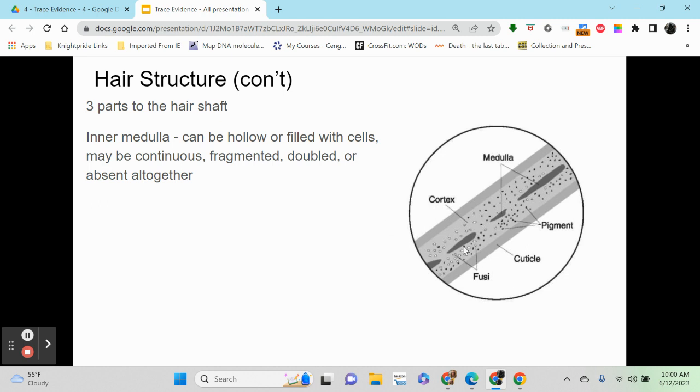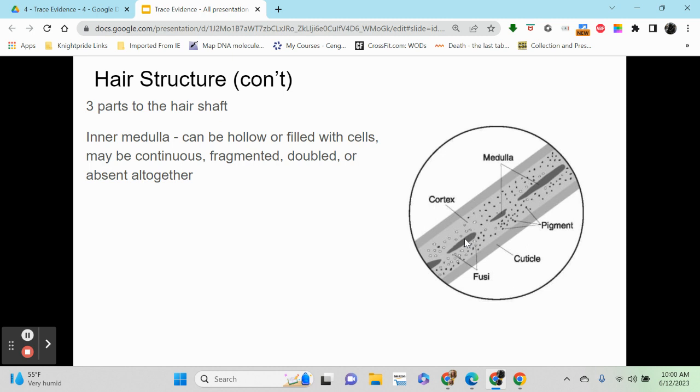A continuous one would just be one thick line. Fragmented, this is the fragmented. Doubled is also one that you can see, where there are two sets of dark lines. You can have absent. You can have an interrupted. Interrupted is where each of these little pieces ends up being relatively consistent.